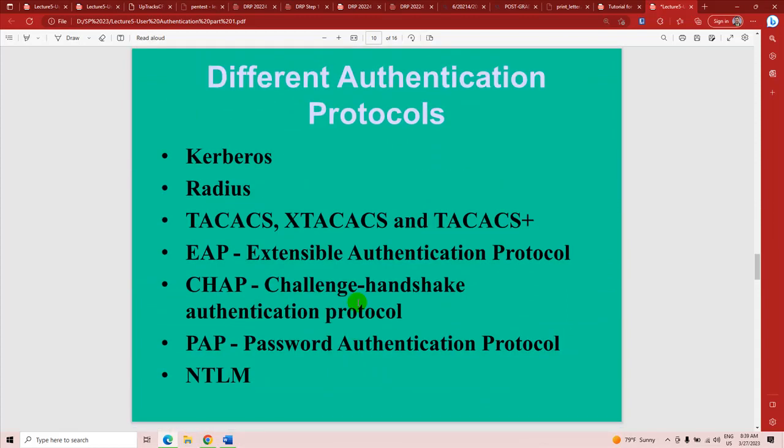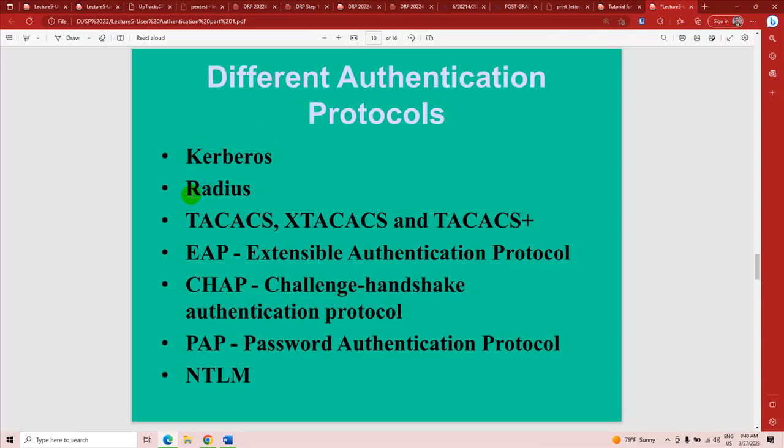Friends, these are some of the authentication protocols: Kerberos, RADIUS, TACACS, EAP (Extensible Authentication Protocol), CHAP (Challenge Handshake Authentication Protocol), PAP (Password Authentication Protocol), and NTLM (NT LAN Manager). In our college domain, with many computers connected to a domain, Kerberos is used.